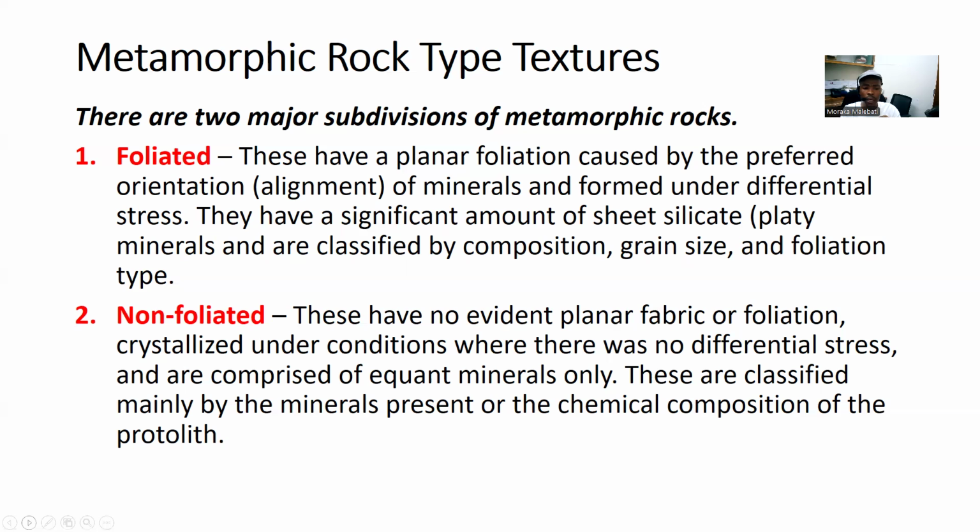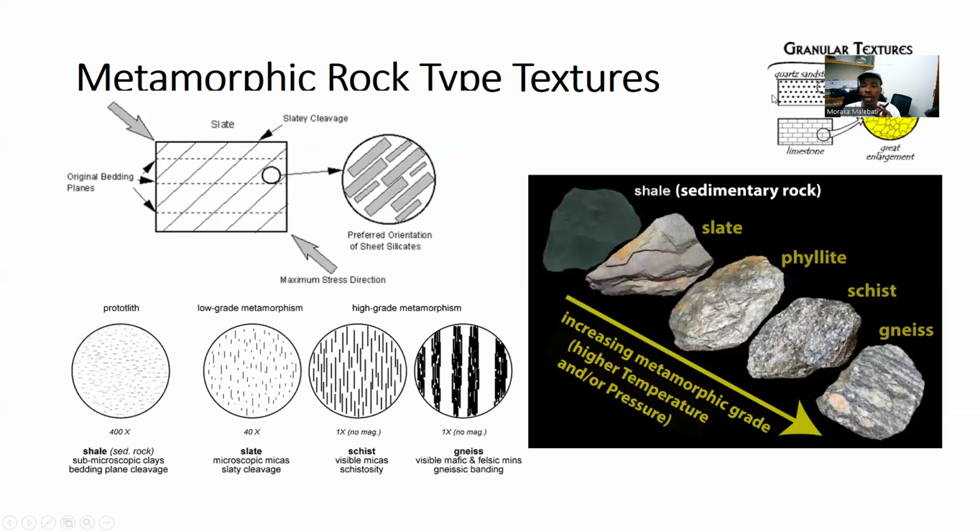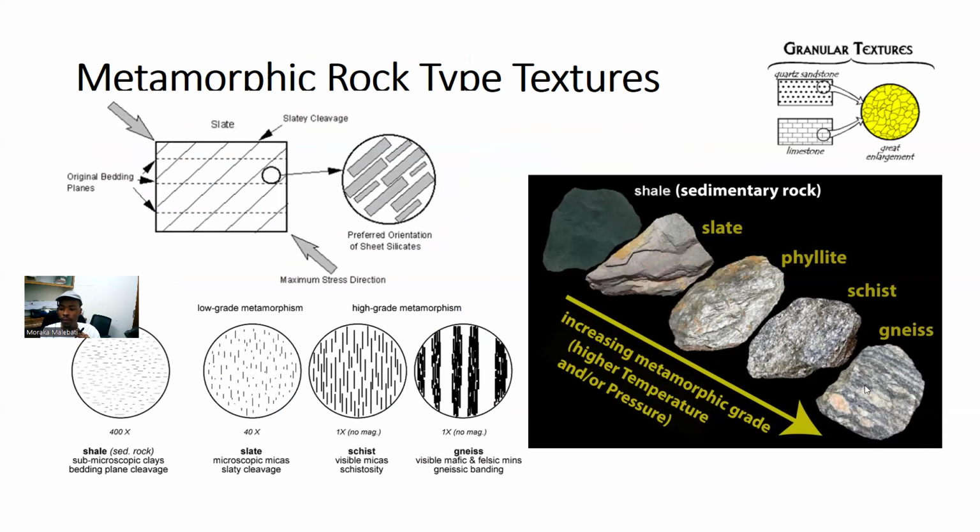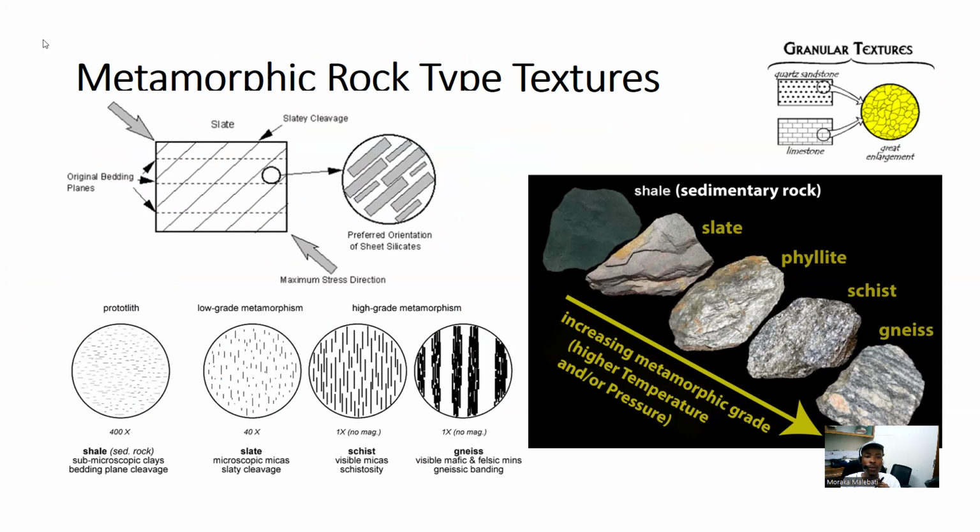Okay, so basically that is that. So for example, let me put this here. If you check over here, you would see quartzite or sandstone, basically quartz-rich sandstone, and also limestone.